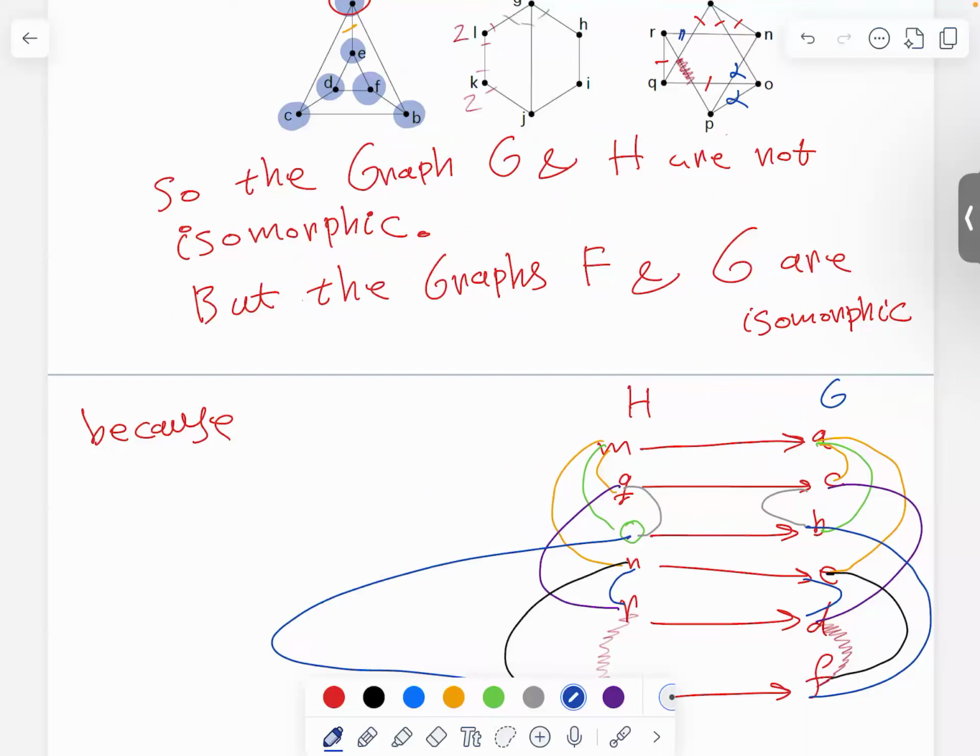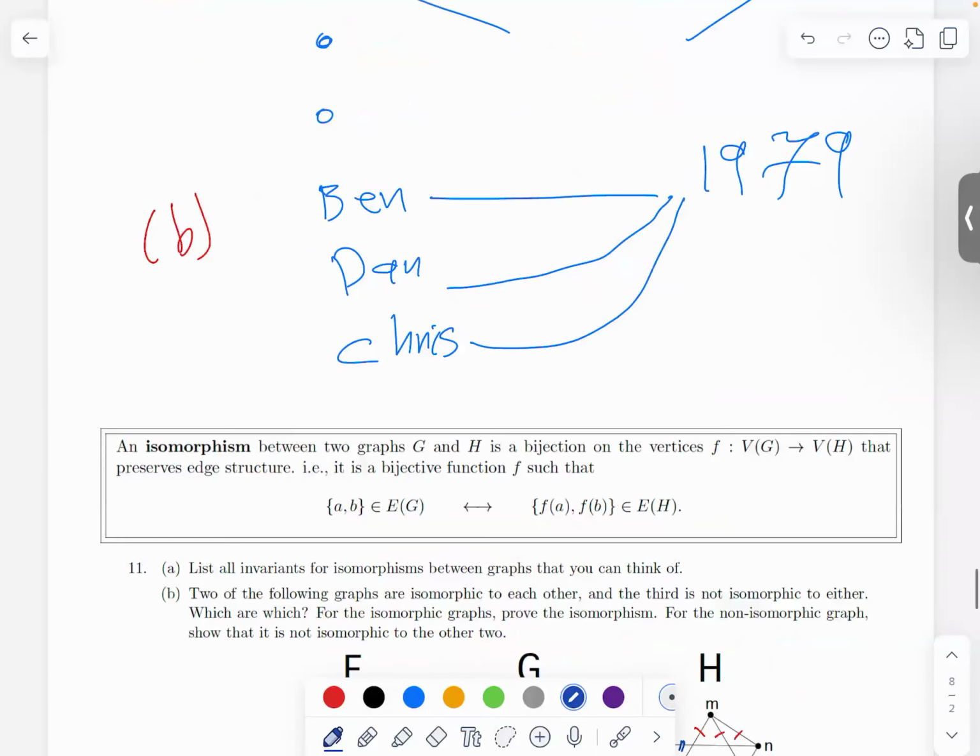Okay, so f of M is A, f of Q is C, but at the same time we see that the edge MQ, how do we show the isomorphism?